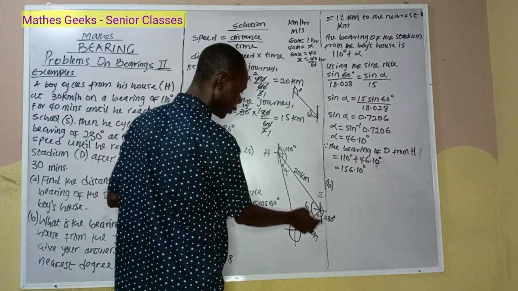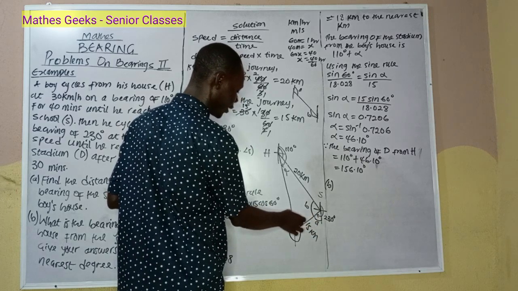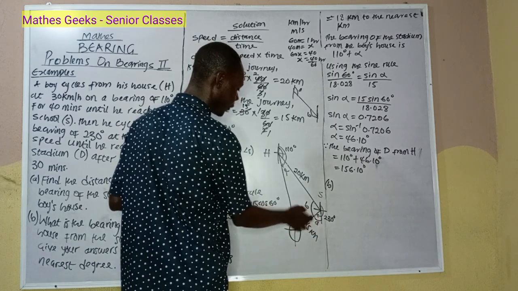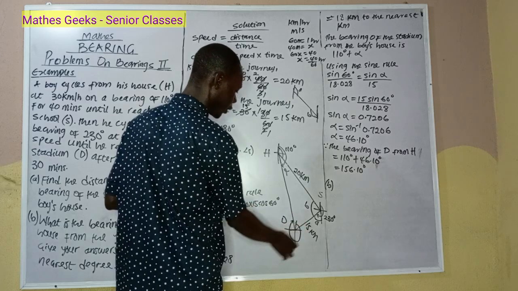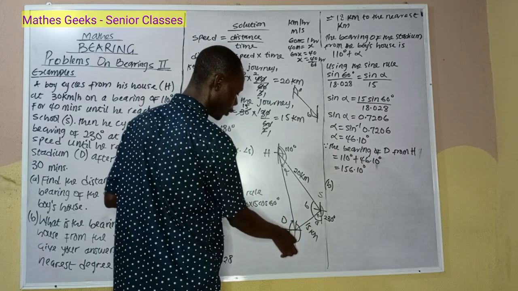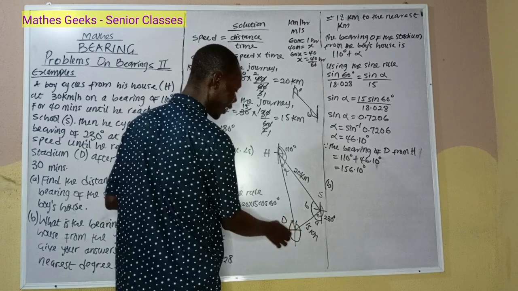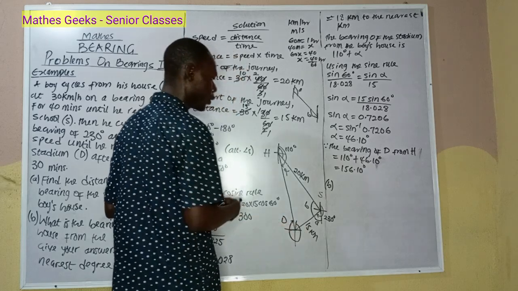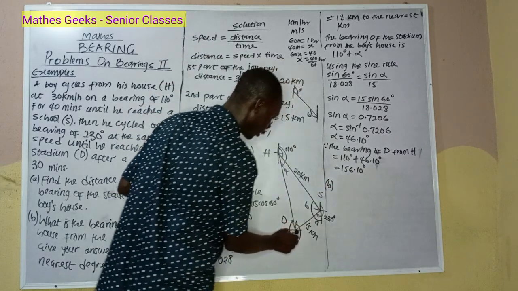The only thing we need to know is the angle from the south to this line, so that we can add it to 180 degrees to get the bearing. So let's call this angle beta.